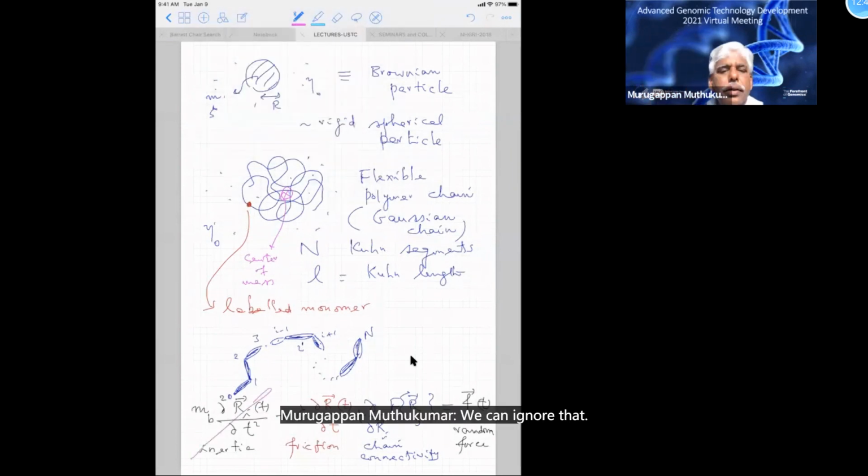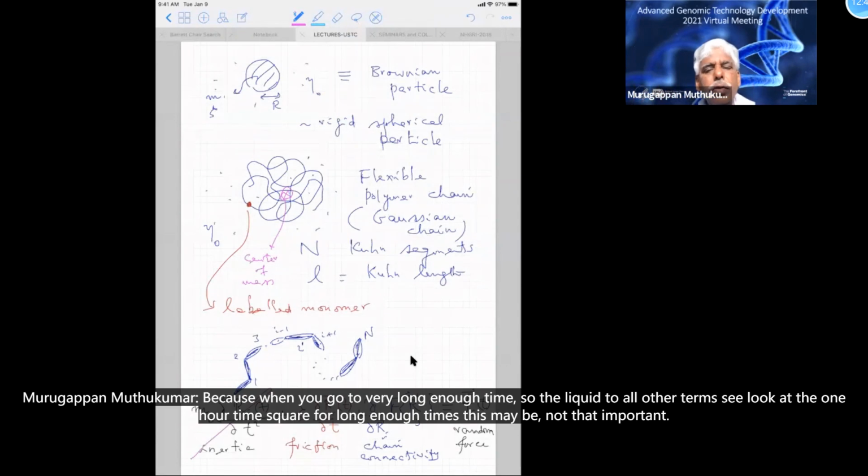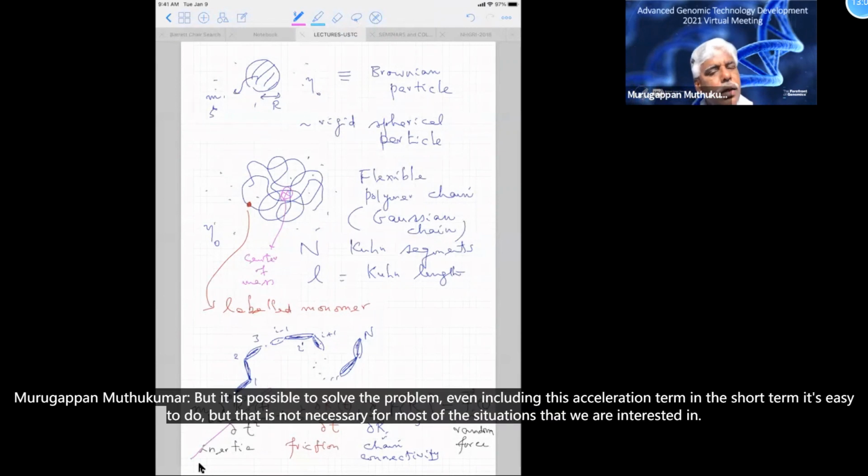We can ignore that, because when you go to long enough times, relative to all other terms, look at this 1 over time squared. For long enough times, this may not be that important. But it is possible to solve the problem even including this acceleration term, inertia term. It's easy to do, but that is not necessary for most of the situations that we are interested in.